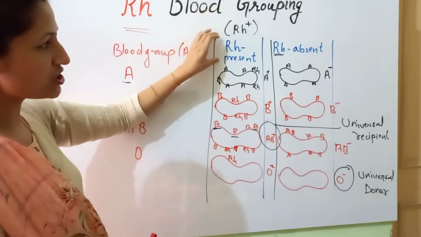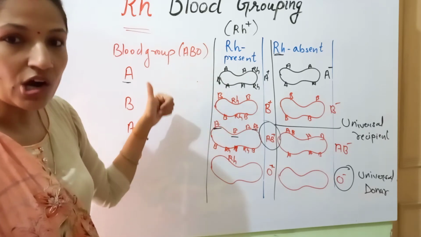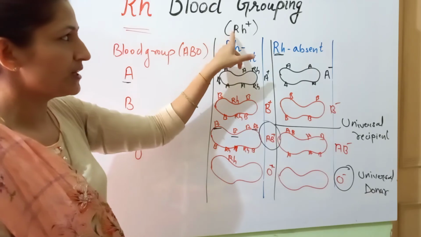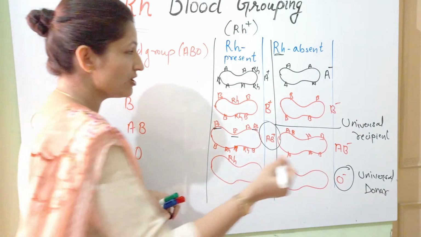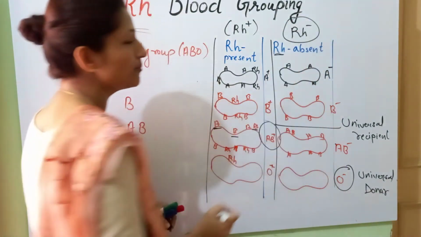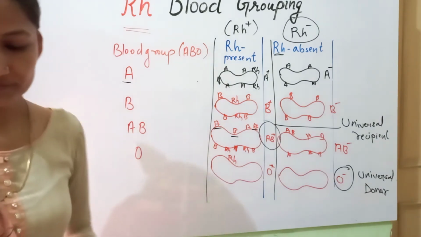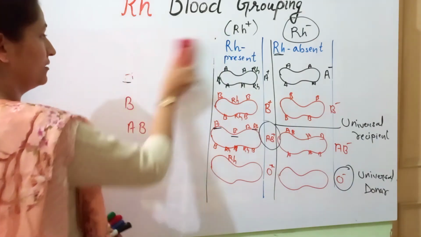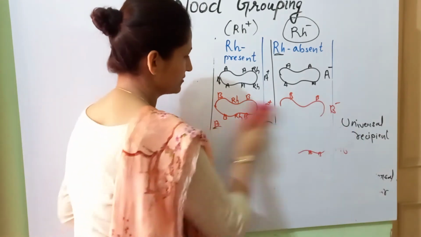So if this Rh is present on the surface of RBC along with the antigen A or B, then the blood group is positive, and if the Rh is not present, only A or B is present, in that case the blood group is negative. Got it? Now we will talk about the complications or the compatibility of this Rh factor.